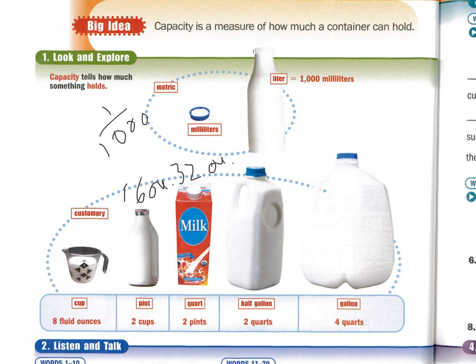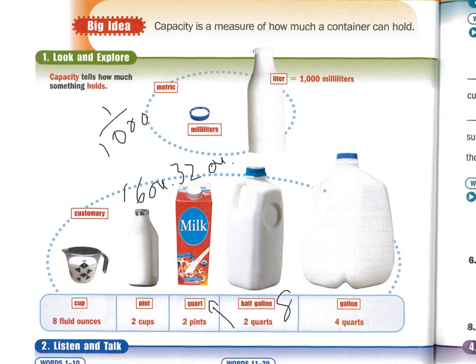Half a gallon is 2 quarts. And a quart is 2 pints, and a pint is 2 cups. So, what does that mean? Half a gallon is 8 cups.